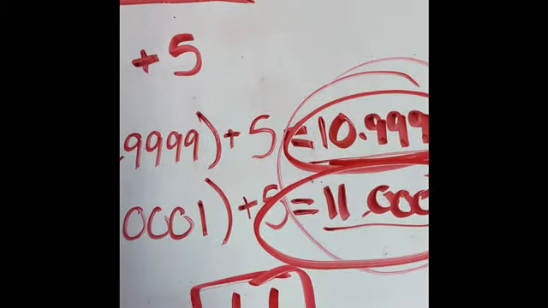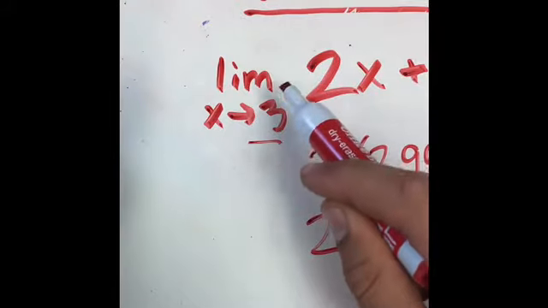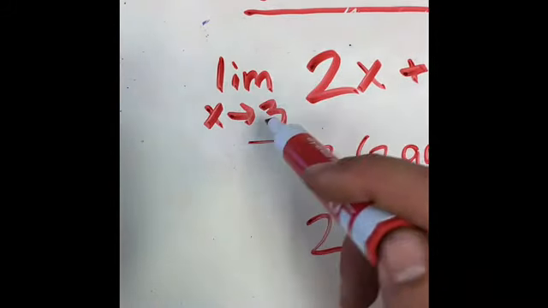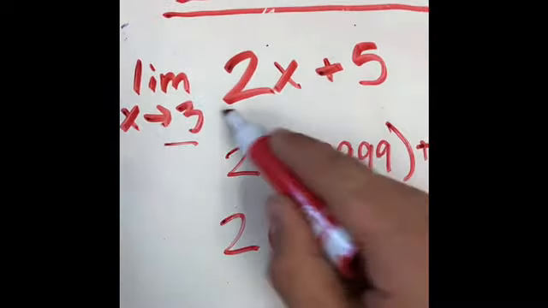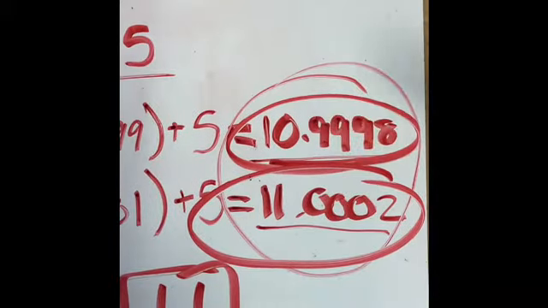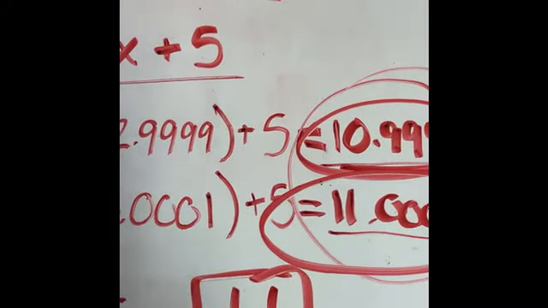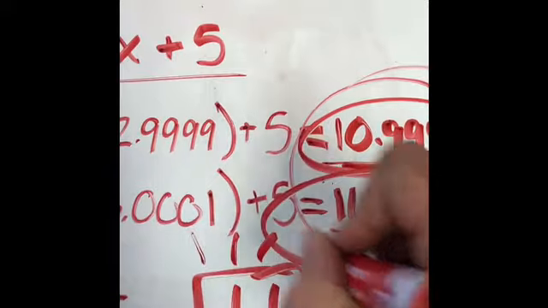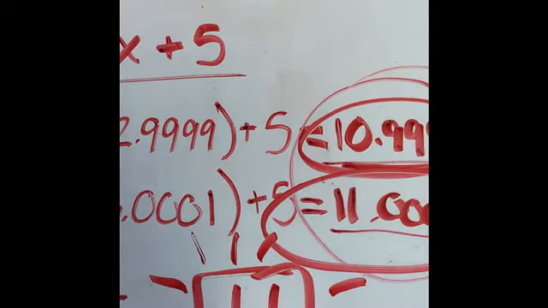So if you were to plug in a number close to 2.999999 and 3.000001, they're not actually the number 3, but they're really close to 3. If you plug that into this function, you would get a number really, really close to 11 for both. So we now know that the limit as x approaches 3 of the function 2x plus 5 is 11. And that is a whole lot of gang things.